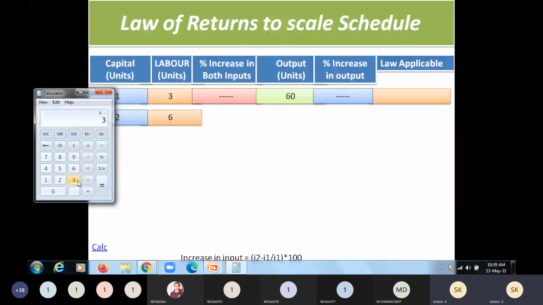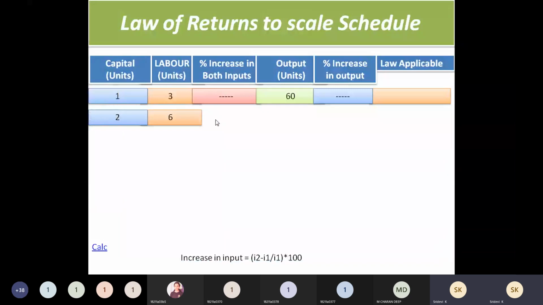So minus 3, divided by 3, into 100. How much is it getting? 100%. So like that you can calculate even if you take any other value.